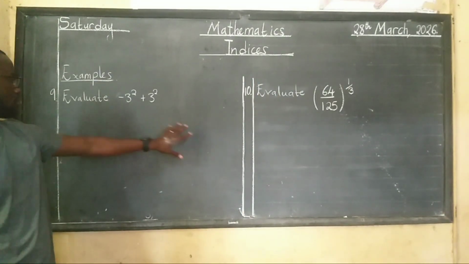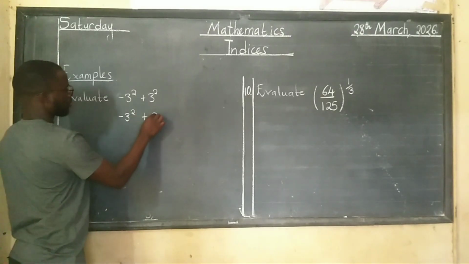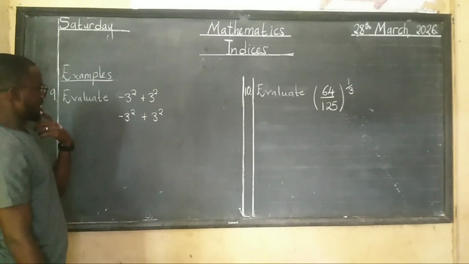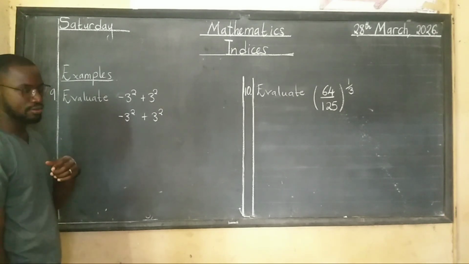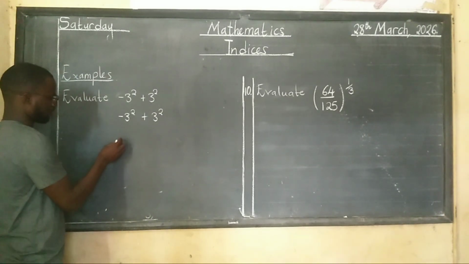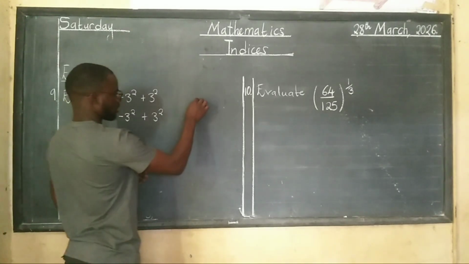9 and 10. So for 9, I have minus 3 squared plus 3 squared. So for this one, minus 3 to the power 2. This one is going to be, how best can I explain this? I need to try this in a calculator.